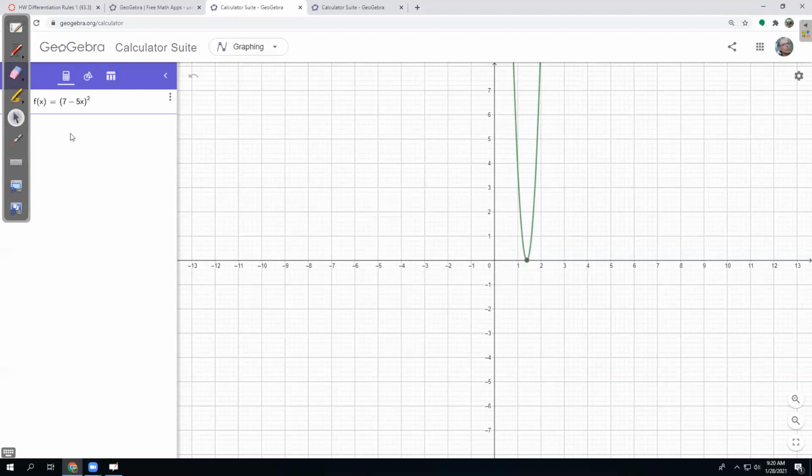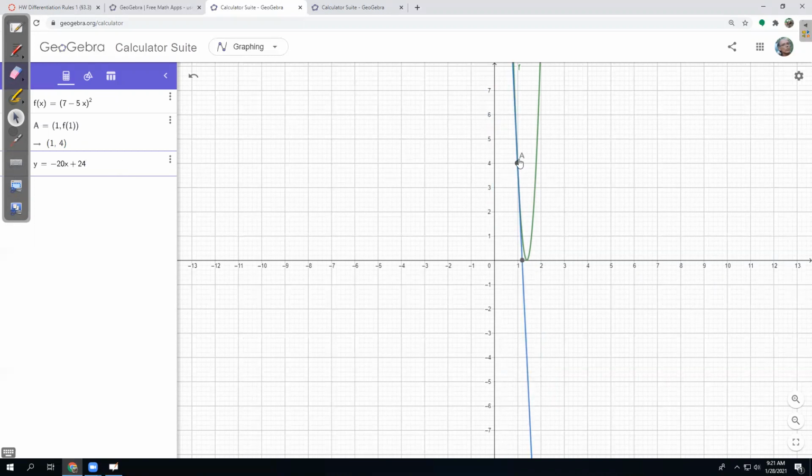And I want to look at the point 1, 4. I'm just going to verify that's the correct point. I just took their word for it. So 1 comma f of 1. Yep, it is 1, 4. So there's my point. And then I think that the tangent line is y equals negative 20x plus 24.